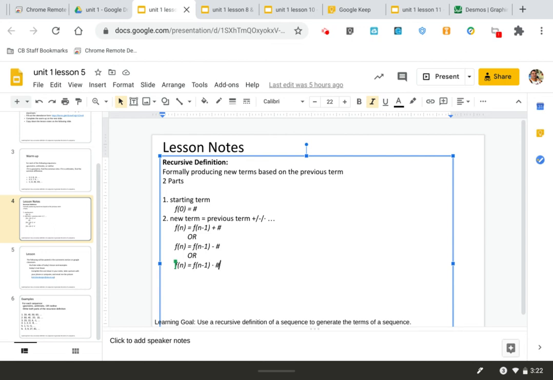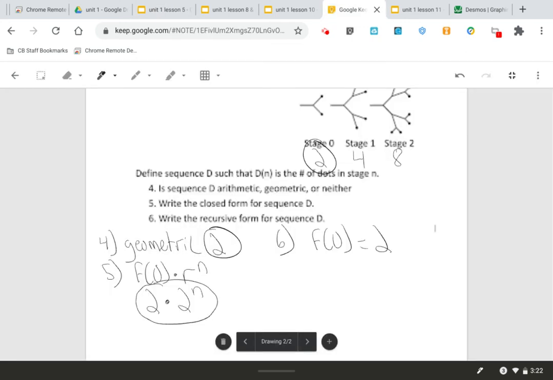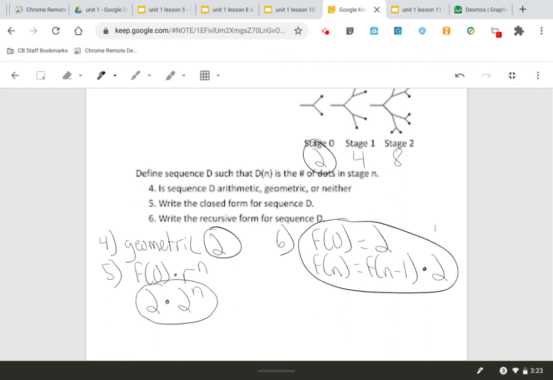So it'll be f of n equals f of n minus 1 times a number, in this case 2. So there is your recursive form for this sequence of dots here.